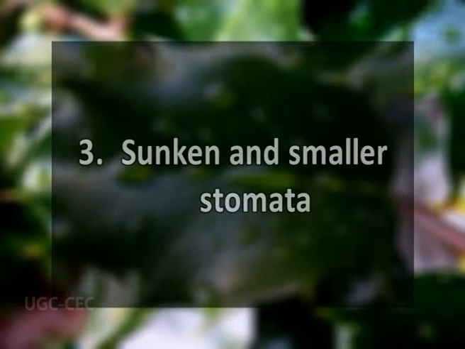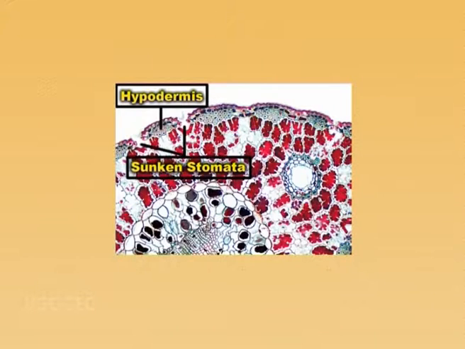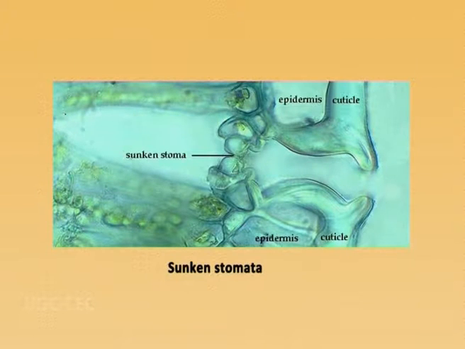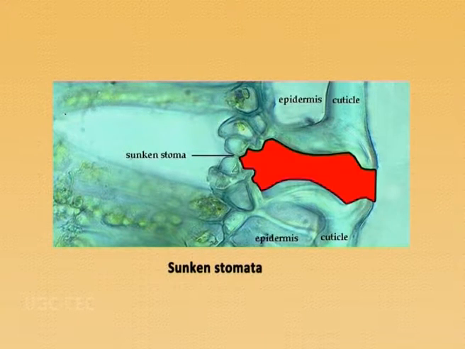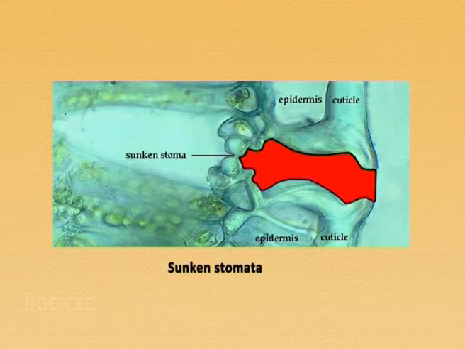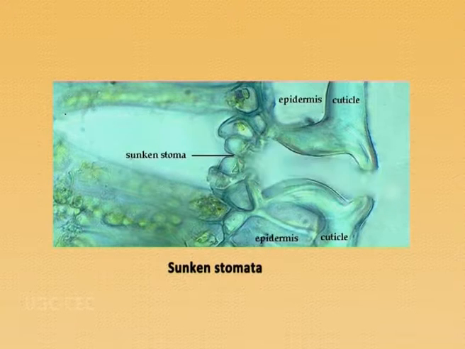Then the next important anatomical adaptation shown by the leaves to water stress is the occurrence of sunken and smaller stomata. The stomata in the leaves of xerophytes are sunken in depressions on the leaf surfaces. These depressions or cavities offer a long diffusion path for water vapors, besides hiding the stomata from direct winds, which are known to disturb the resistance layer and accelerate transpiration.